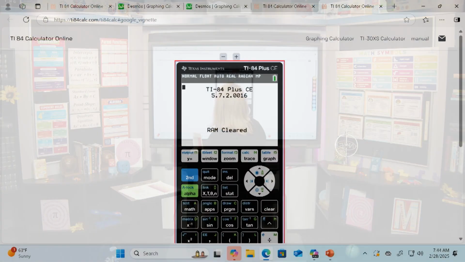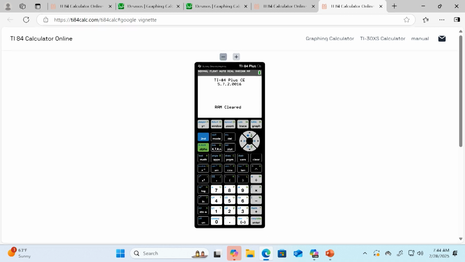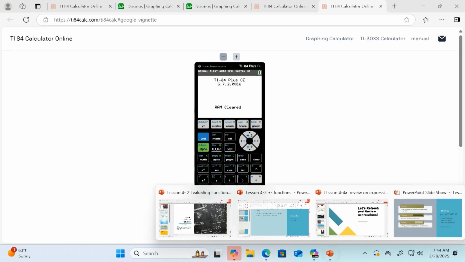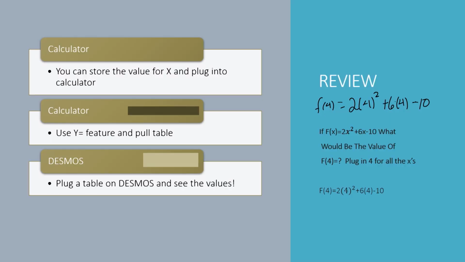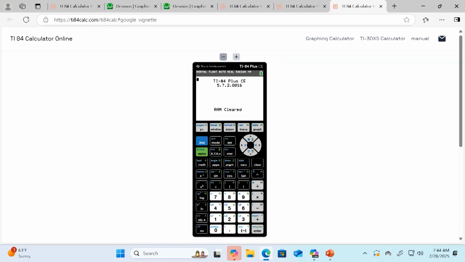First, we're going to hit the calculator. So I'm going to plug this in. Okay, so I have 2 times 4 squared plus 6 times 4 minus 10.